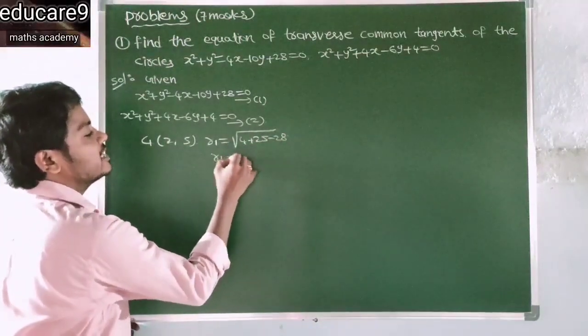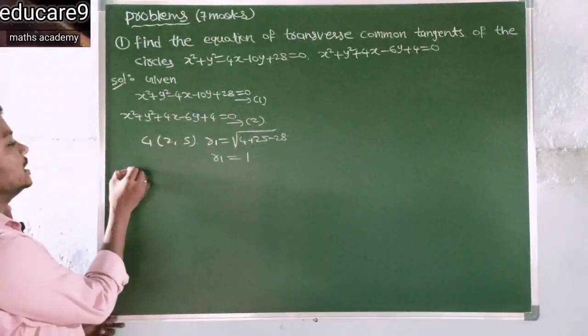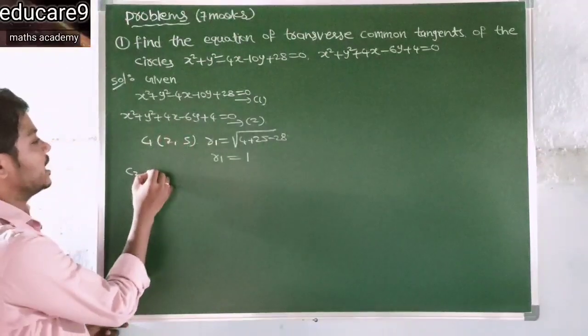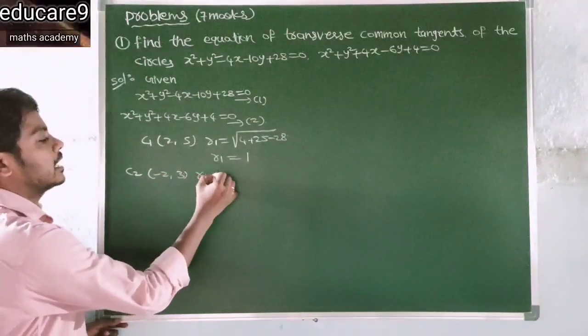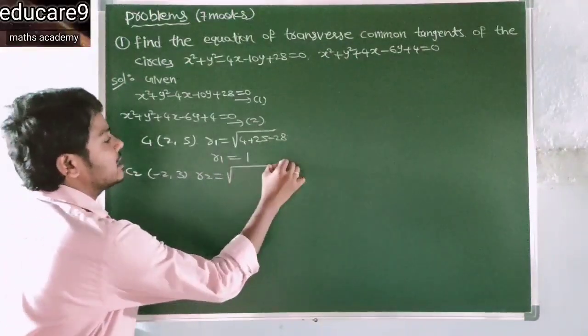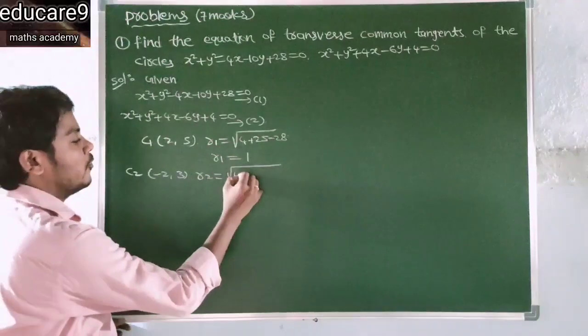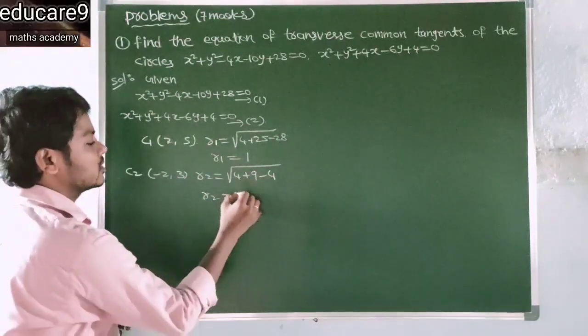So clearly R1 is equal to 1. Next find C2, the center of the second circle. So clearly that is (-2, 3), and R2, the radius of the second circle, is square root of 4 plus 9 minus 4. So clearly R2 is equal to 3.